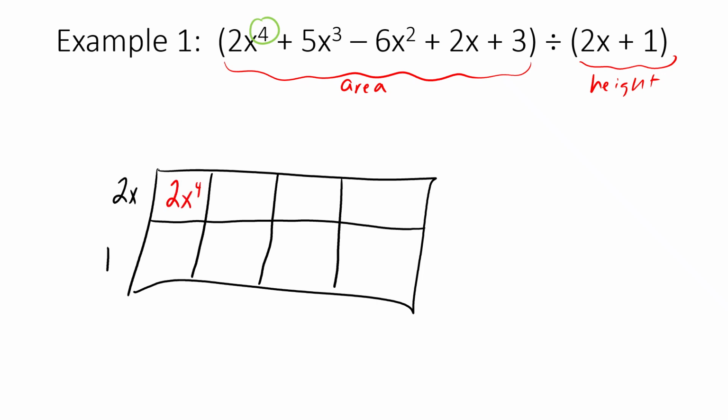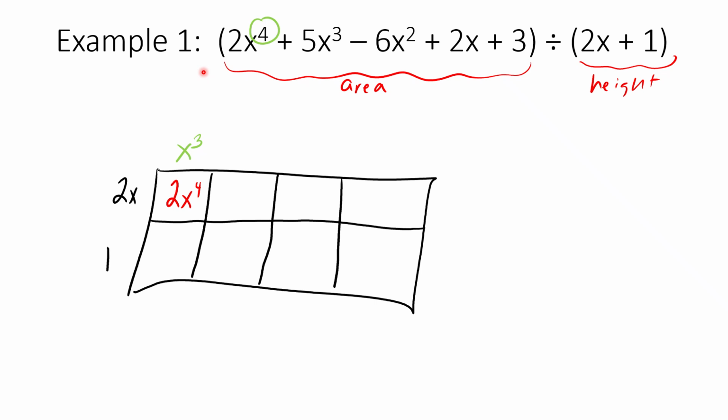That is our area, and we're going to start there. Now we can use multiplication. 2x times what would give me 2x to the 4th? Well, the 2 is there. I have an x, I want x to the 4th. Therefore, this must be x to the third. Now, one of the other things I love about this method is that you can check it every single step along the way.